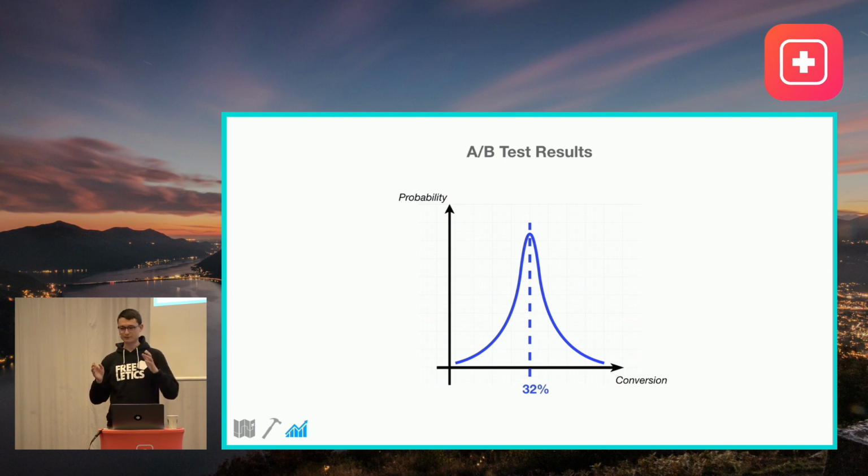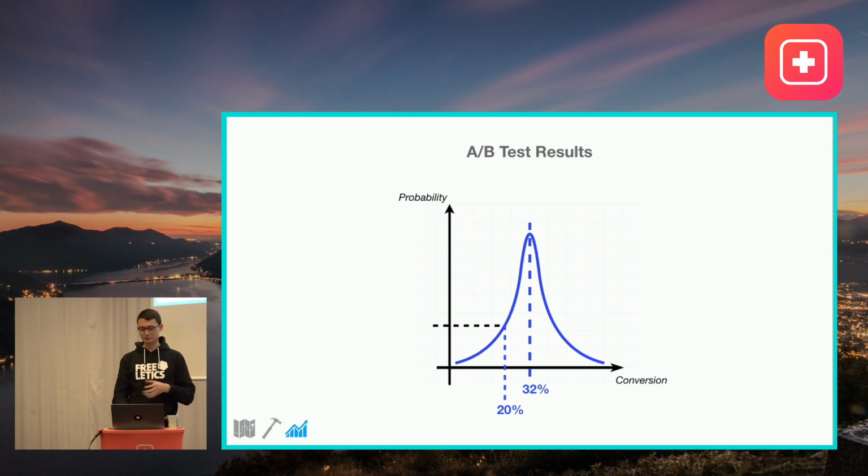And this graph reflects the probability of the real value with consideration of the observed value. So 32% is the observed value, but it may happen that actually the real conversion is 20%. And if you prolong the A/B test a bit longer, then you will see that this main jump will be at 20%, but not 32.